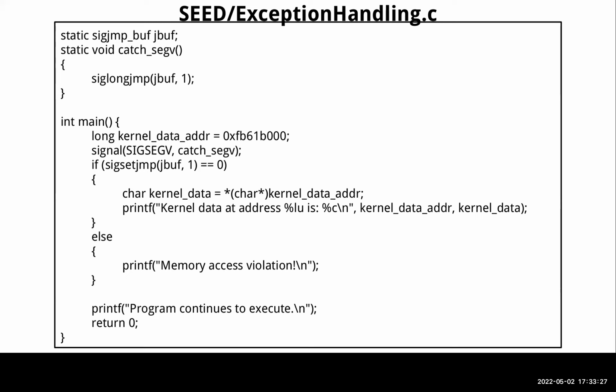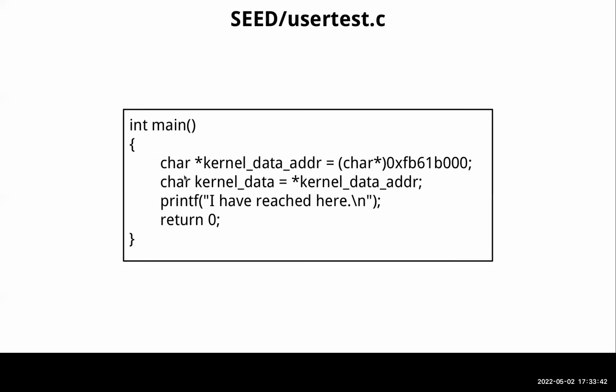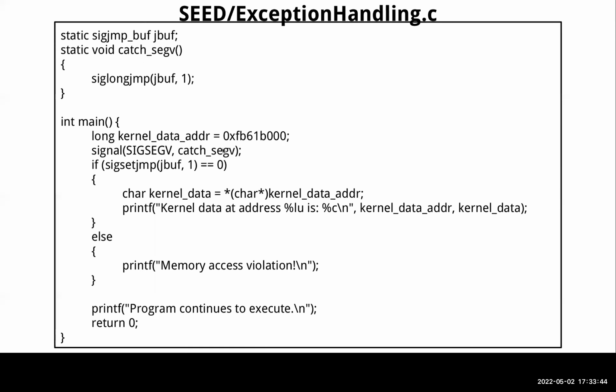We tell the OS, when there is a segment fault, I want to handle it. I don't want you to directly crash me. That is a feature allowed in Linux. So we're changing this piece of code to this. When a segment fault happens, we're not going to crash. Instead, we will stay alive and try to access the same location again.